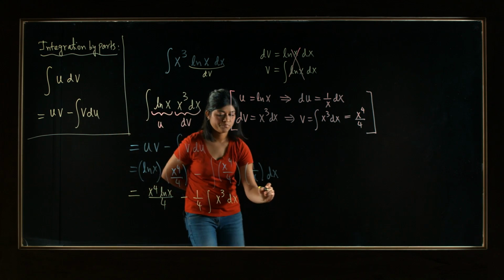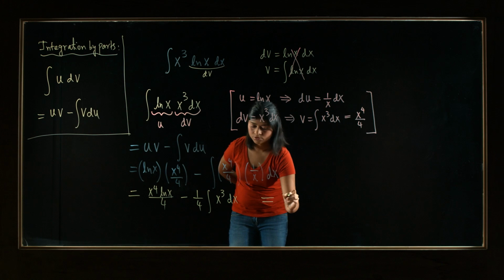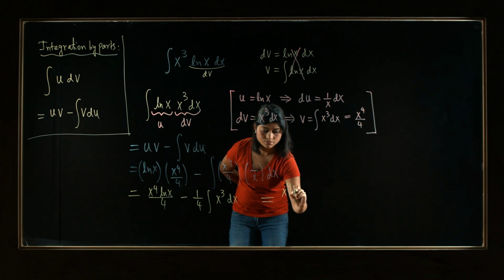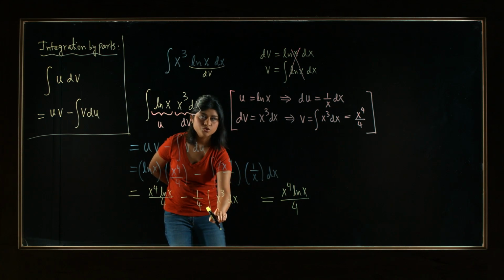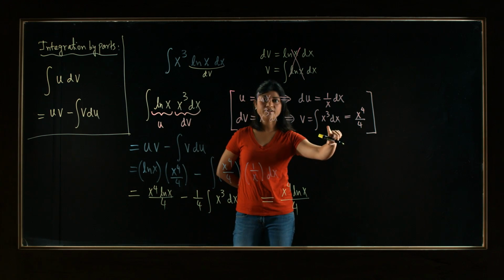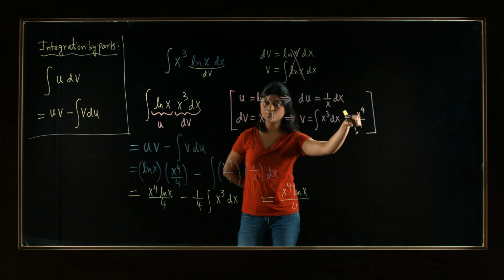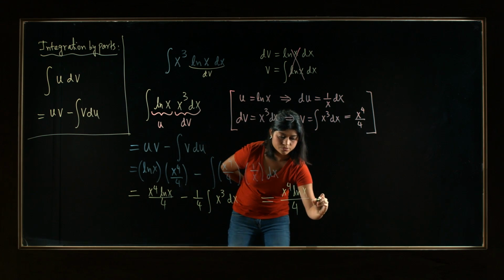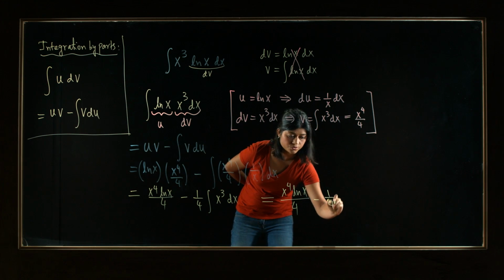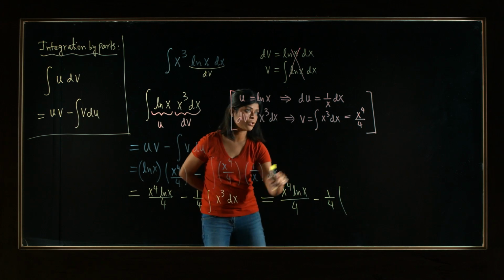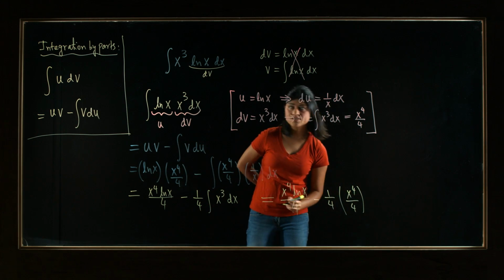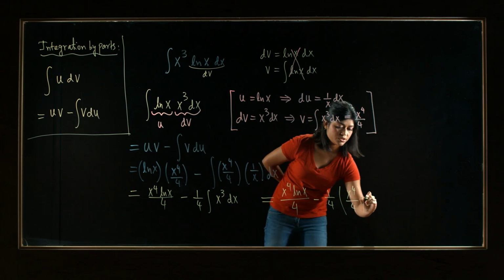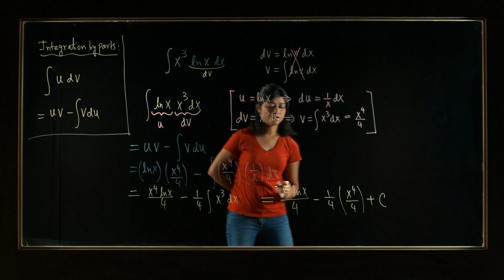So the first expression remains as it is, don't have to do anything. And now you just have to integrate x cubed one more time. And we have done it before, x cubed is x to the 4 over 4. So you have negative 1/4 times integral of x cubed, which is x to the 4 over 4. And since this is an indefinite integral, you add your constant of integration.